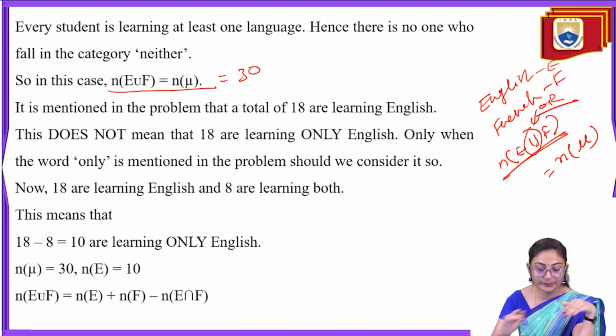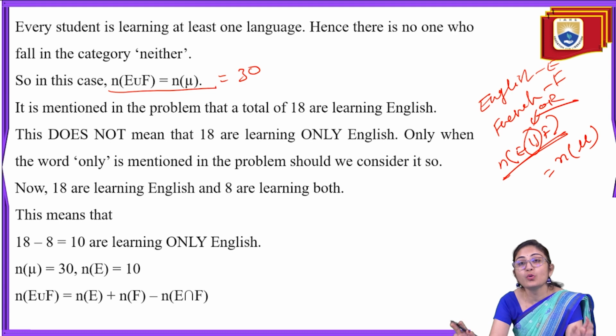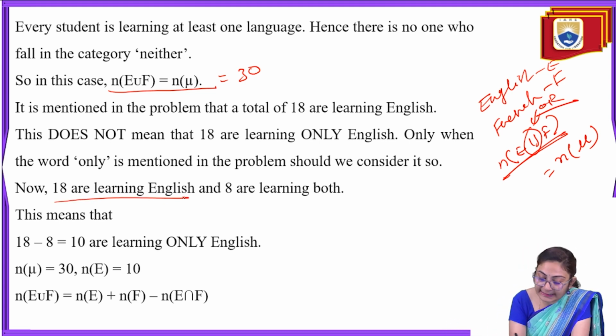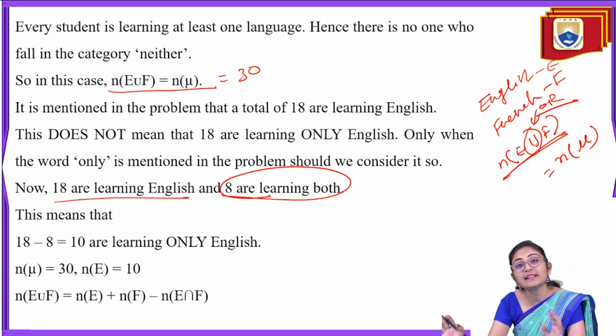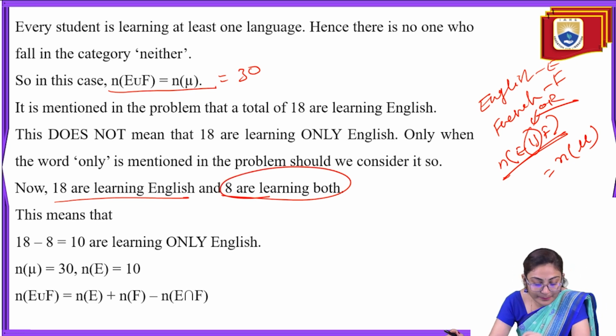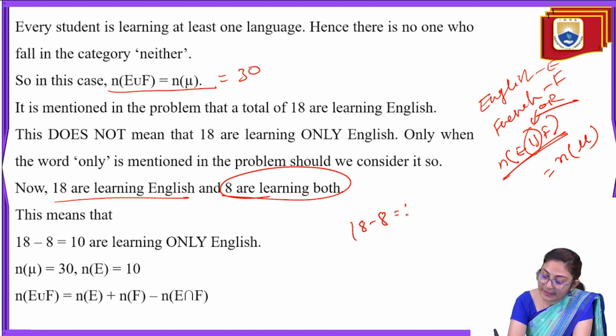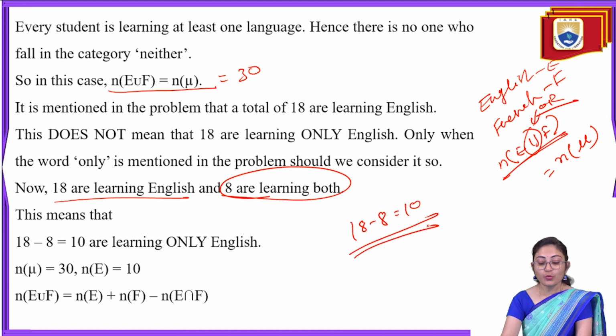Here 18 students are learning English and 8 are learning both languages. That means 18 minus 8, that is 10, are learning only English.